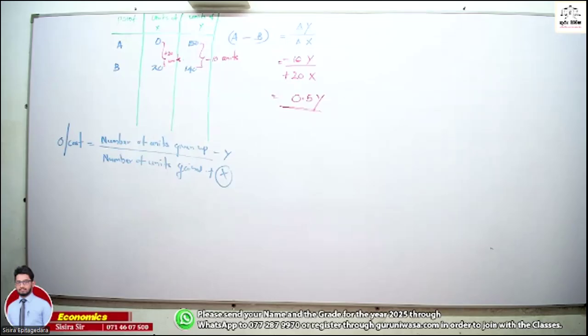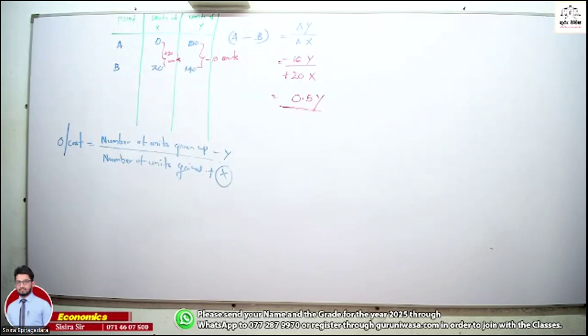In the same question, if you move from B to A, then this equation changes. Are you clear? Yes, sir. Okay. Then calculate opportunity cost when moving from B to C.